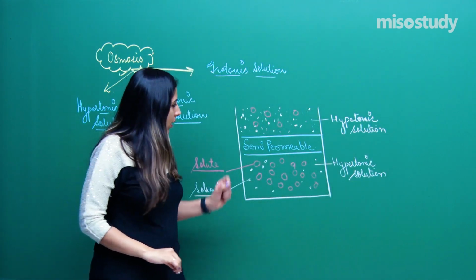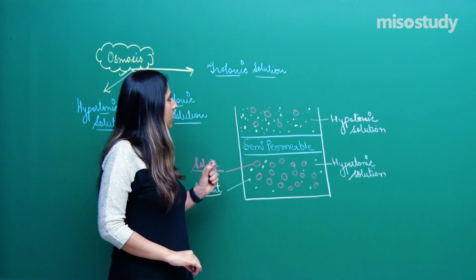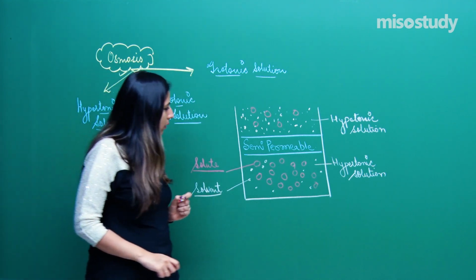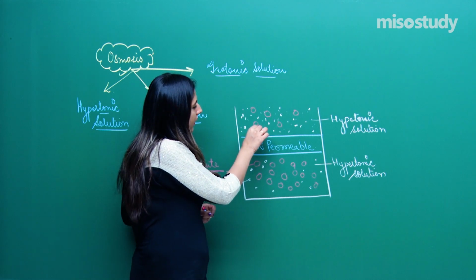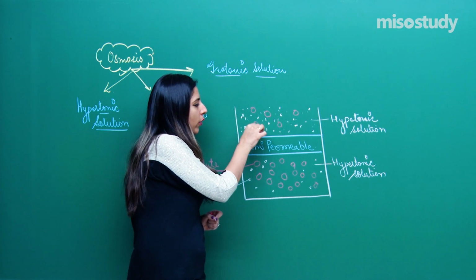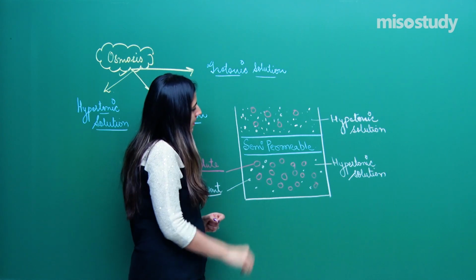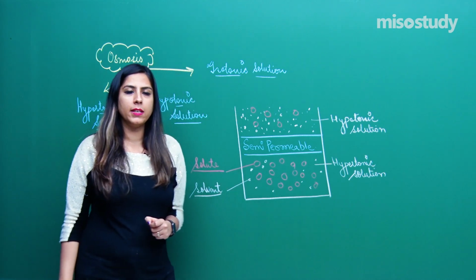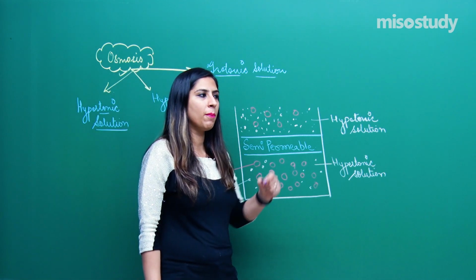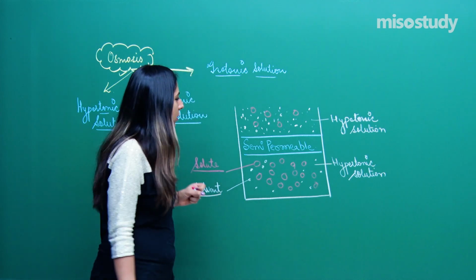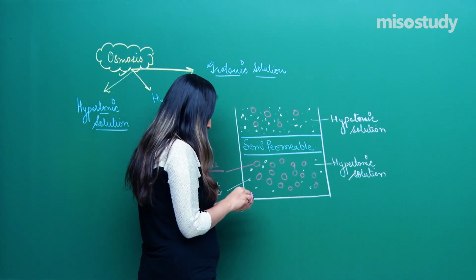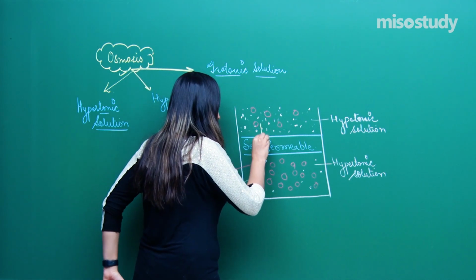Now understand this, because we have discussed the three types of solution. What will happen? Because solvent is more in this one and less in this one, and I have told you that there is a movement of solvent from higher concentration to lower concentration, a movement will occur in this direction.